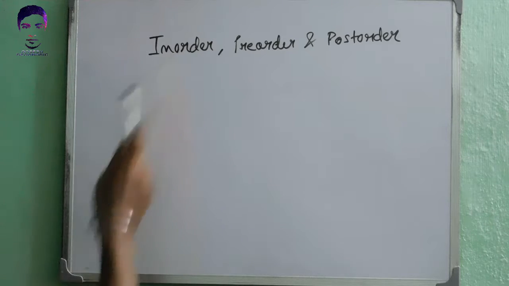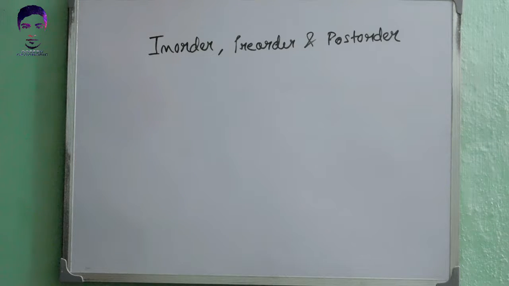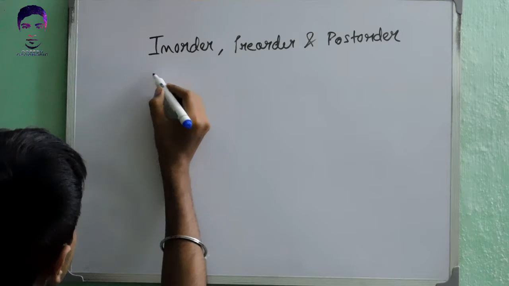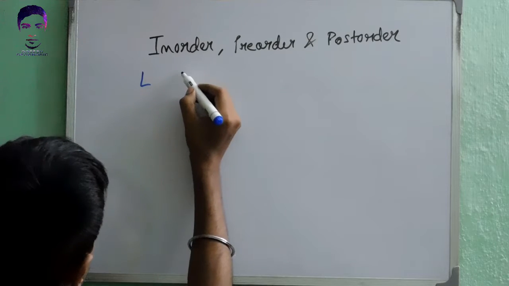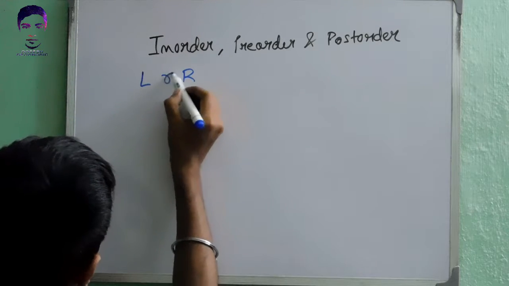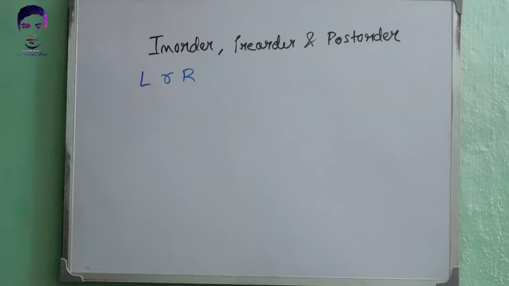Now for Inorder tree traversal, the rule that we follow is left, root, right. Okay, so the left node first, then the root, and then the right node.